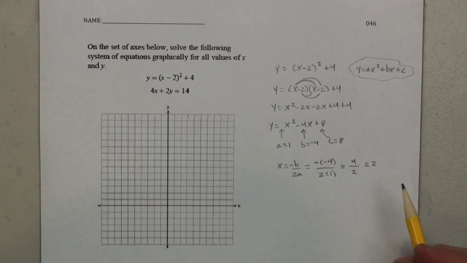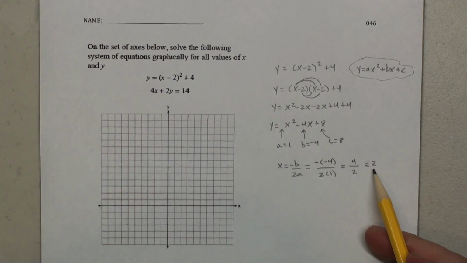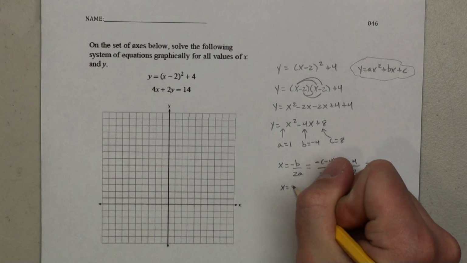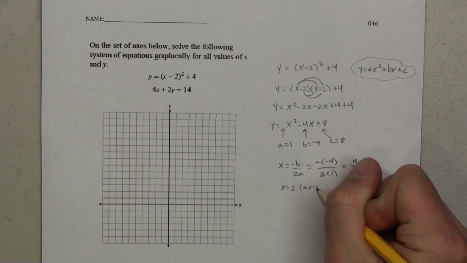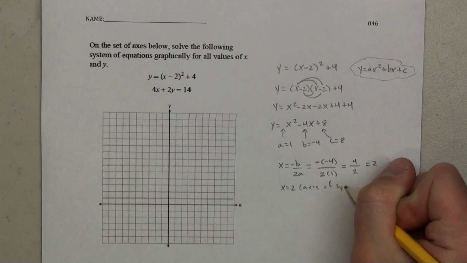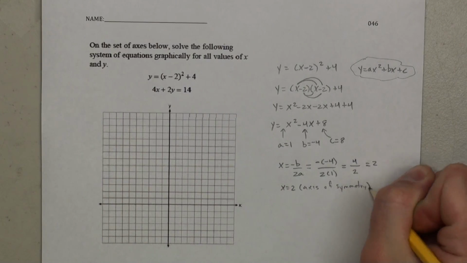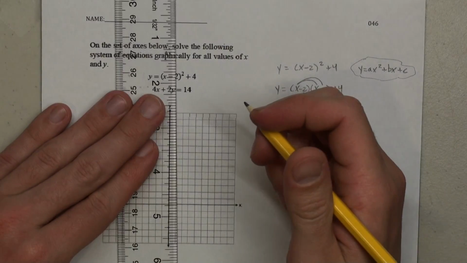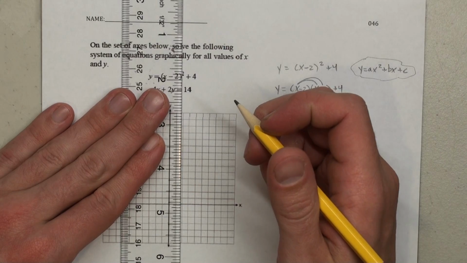So, x equals 2 is my axis of symmetry. It's right here.